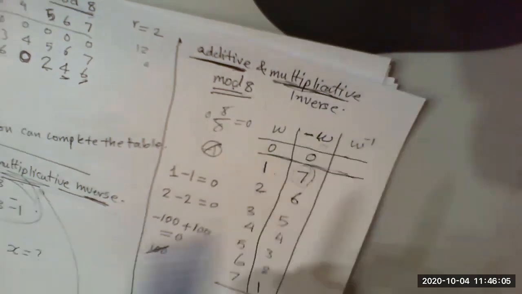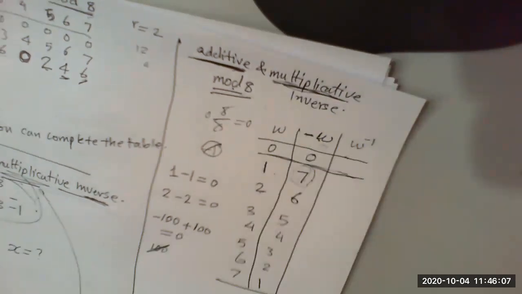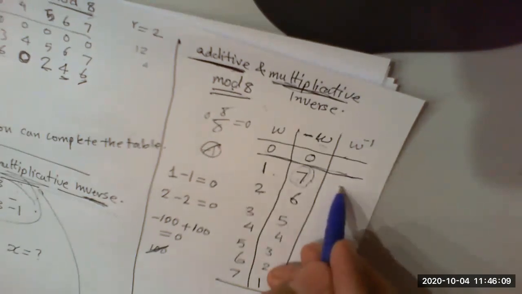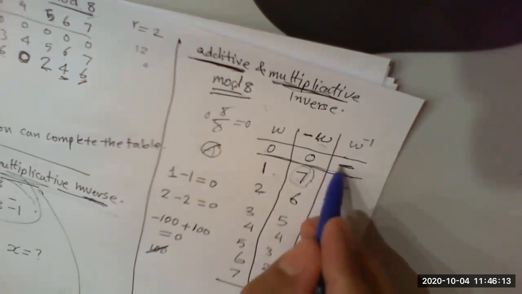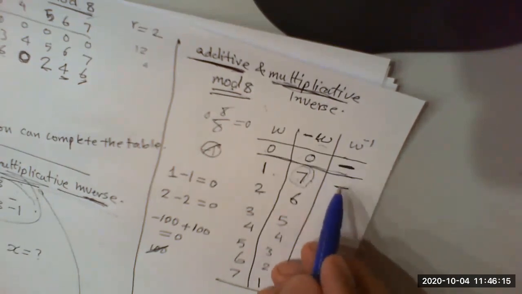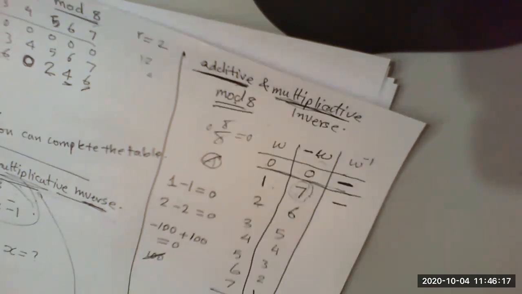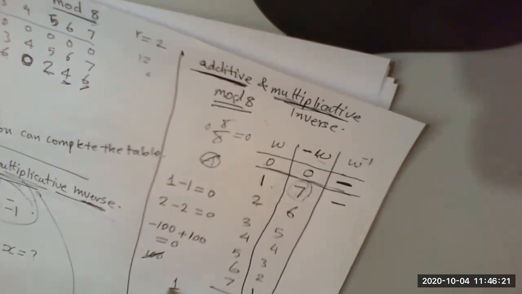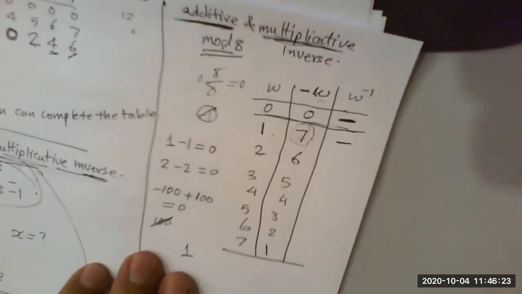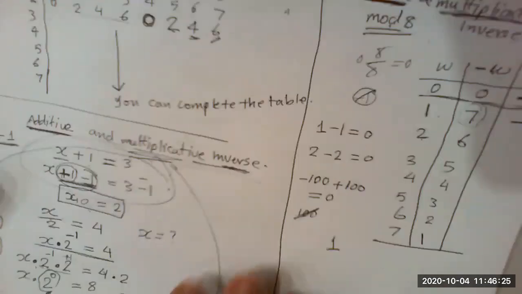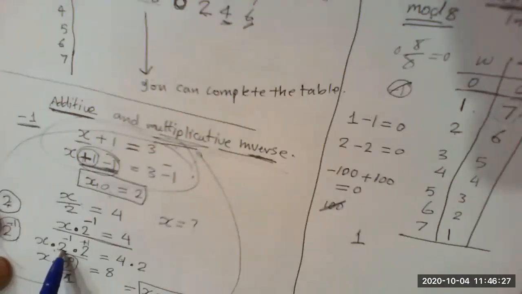It's more difficult to have. For 0, sorry, for 0, I don't have a multiplicative inverse. What is the multiplicative inverse? If I multiply 2 numbers, this is going to give me 1 in this case, not 0. Here I multiply 2 to the power -1 by 2, and this gives me 1.